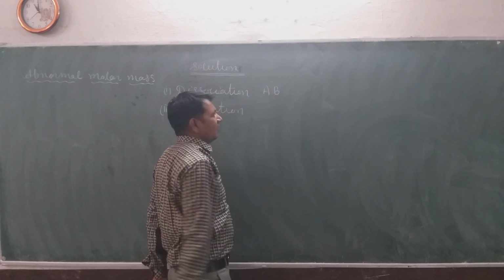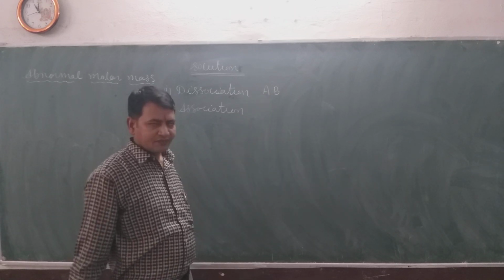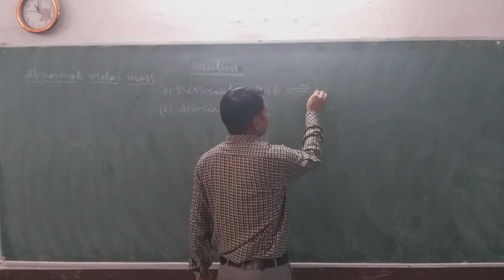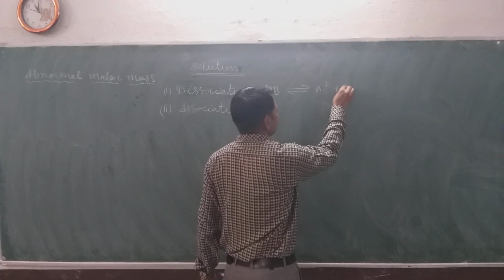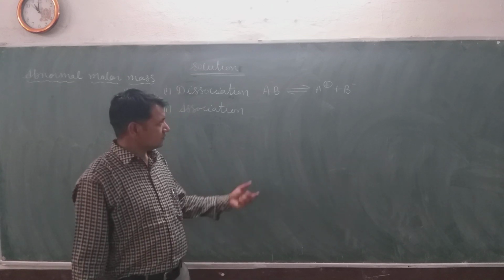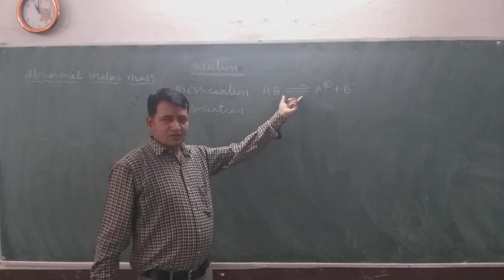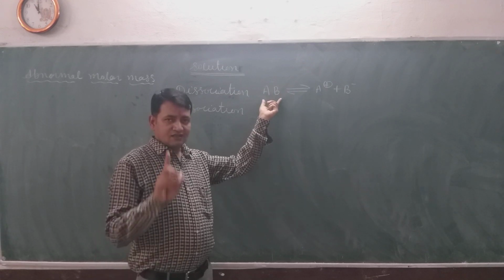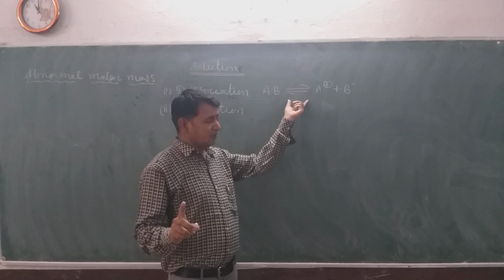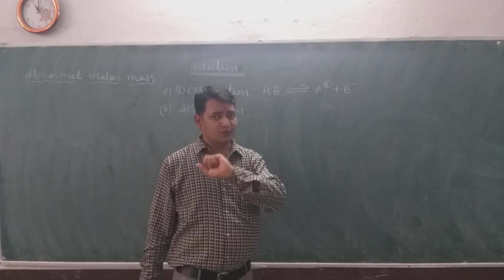suppose we have an ionic solute like AB. When this dissolves in water, it dissociates into its constituent ions, A plus and B minus. Before ionization, it is a single particle, a single molecule. But after ionization, dissociation, it is converted into two particles.